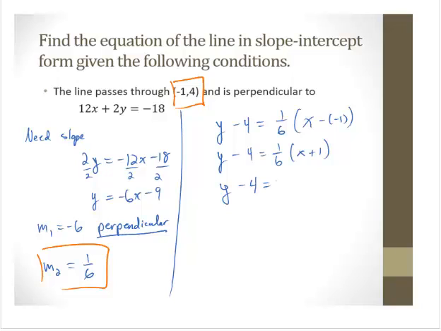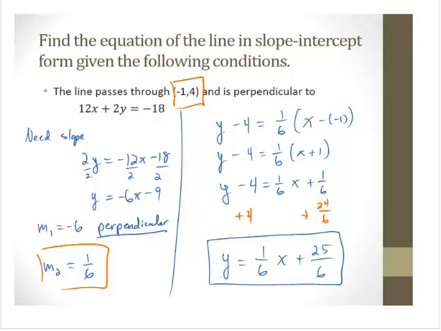Applying the distributive property, y minus 4 is 1/6 x plus 1/6. Now I'm going to add 4 to both sides, but I need a common denominator, so I'm going to write 4 in the form 24 over 6. So then y equals 1/6 x plus 25 over 6.